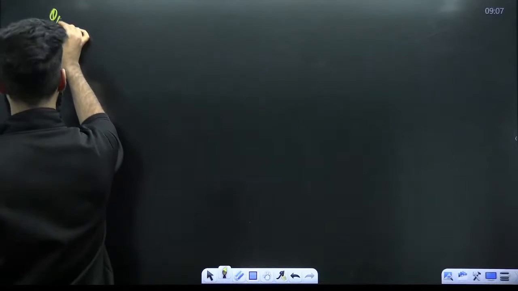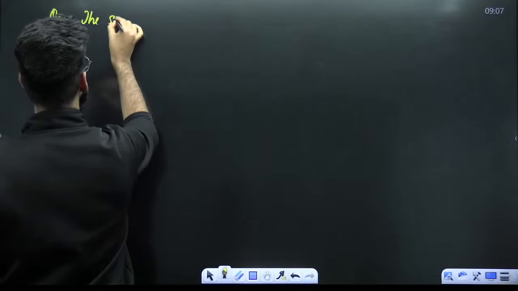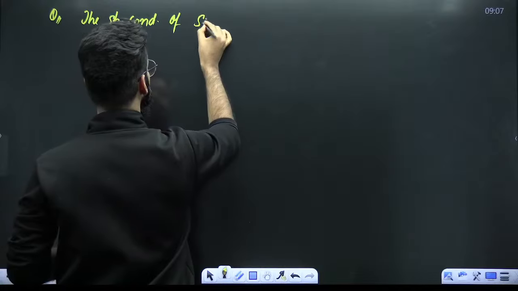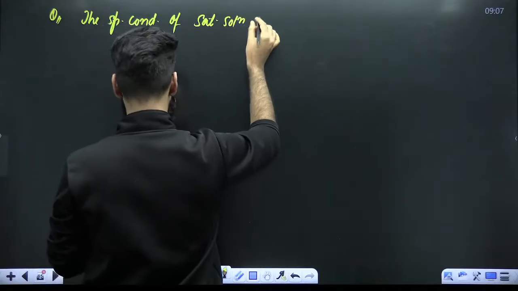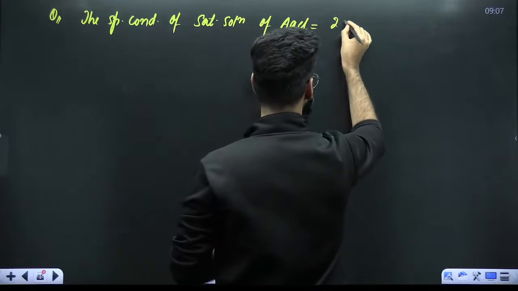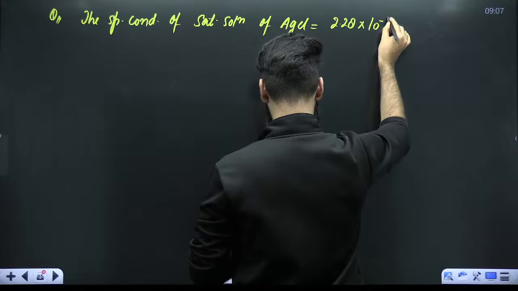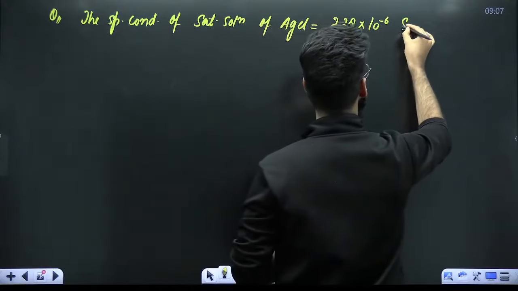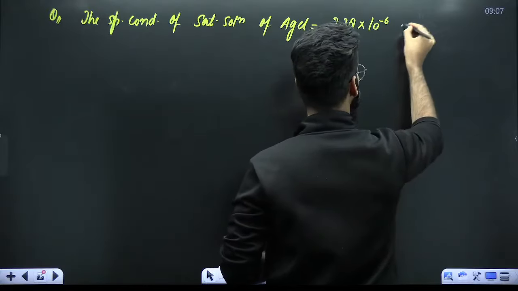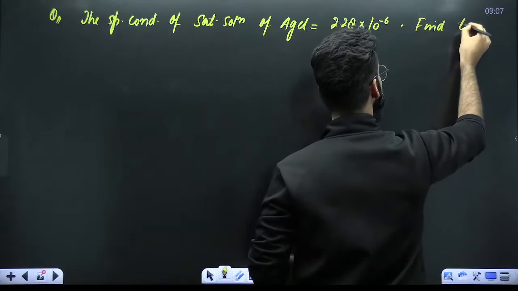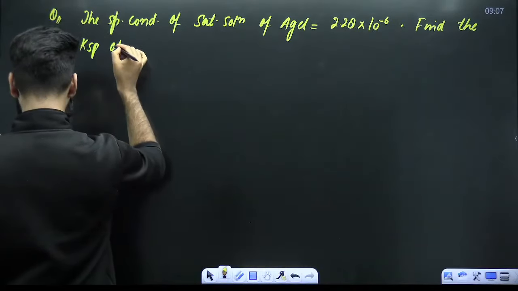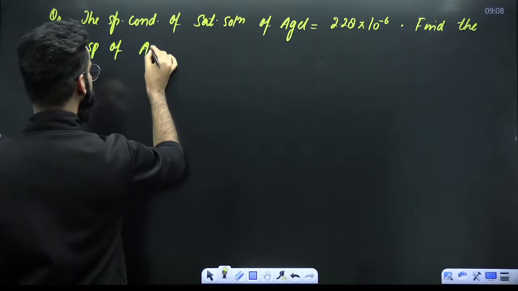The question is: the specific conductance of a saturated solution of AgCl is given to me as 2.28 × 10^-6.